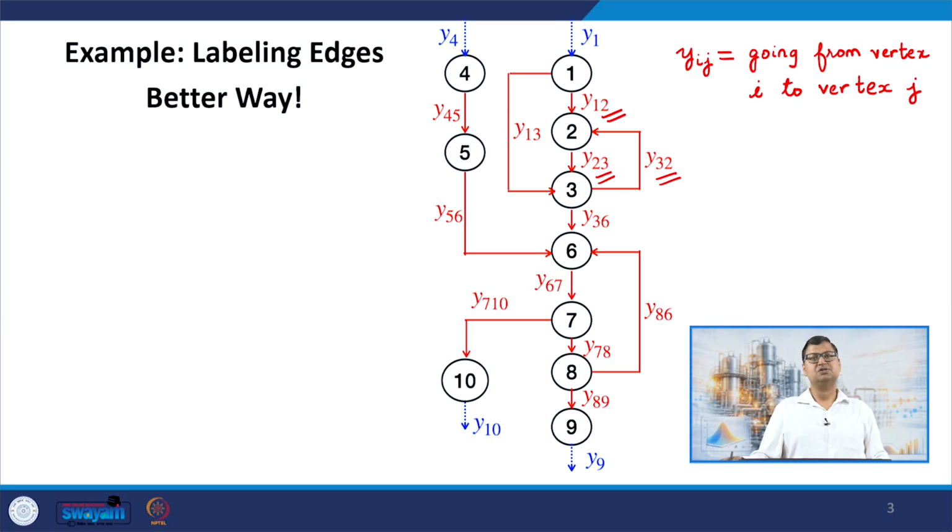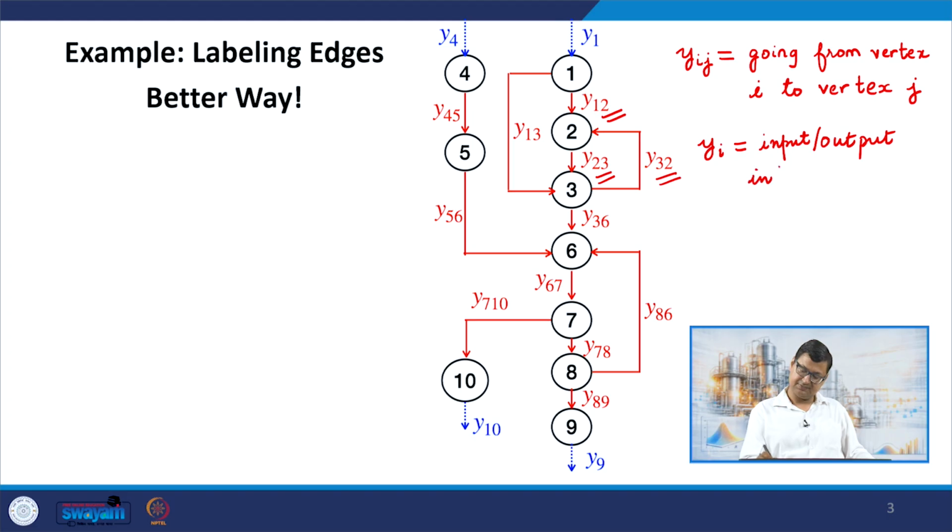And then there are also some interfaces which are basically some input or output coming to a vertex. So, those interfaces I represent as yi. I do not differentiate between input and output in numbering, but that can be seen from the graph. So, yi is the input or output interface for vertex i.